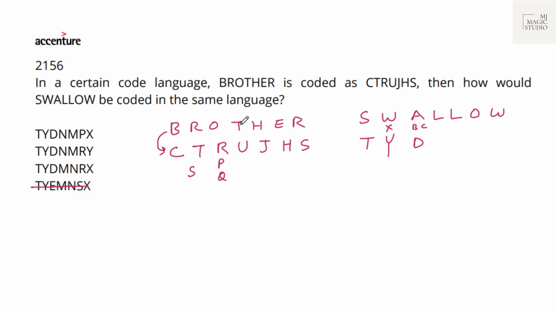Then after T is U. Then after L is M. Then HIJLMN. So we get TYDMN. TYDMN is option C.